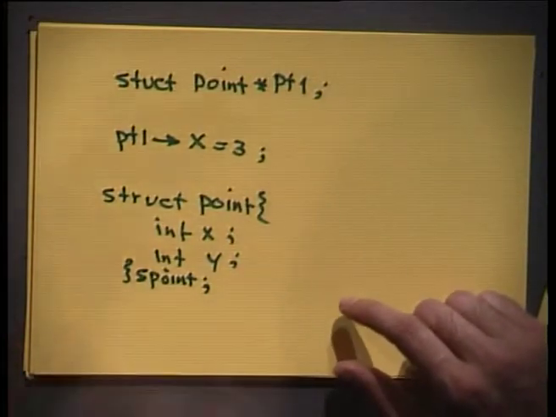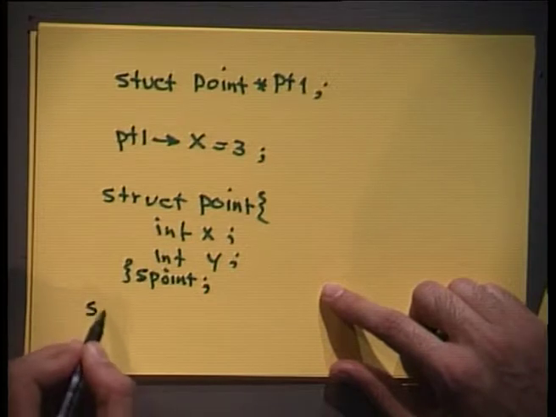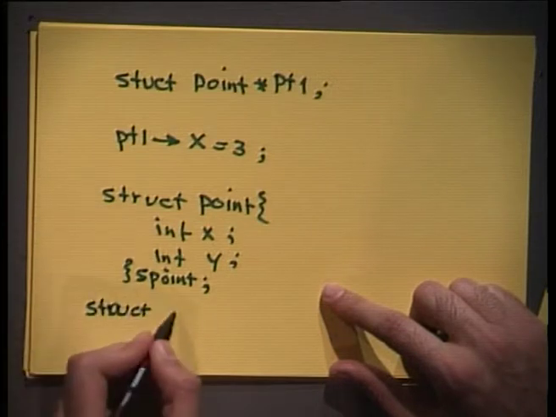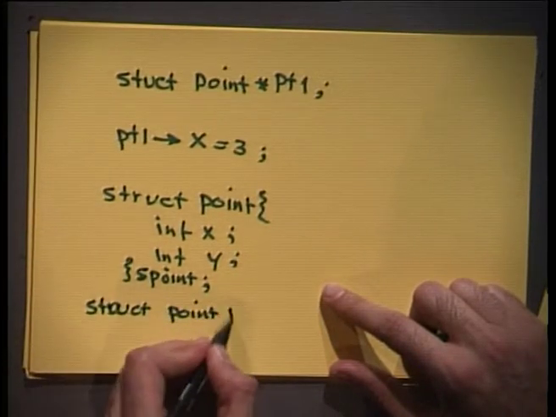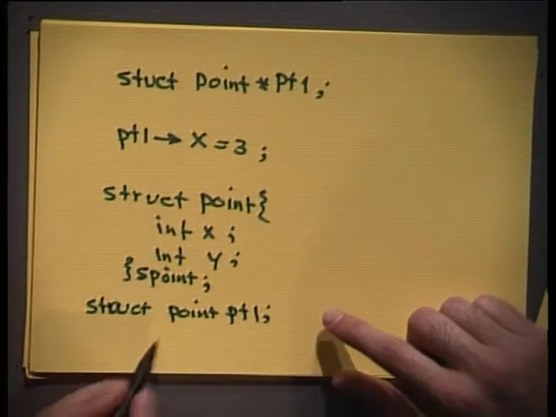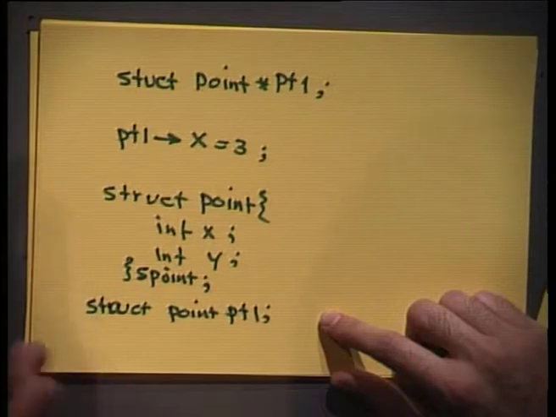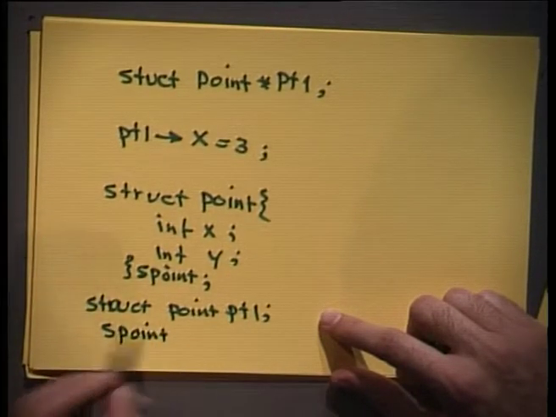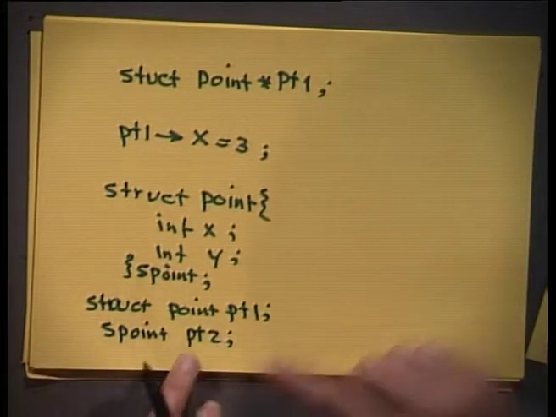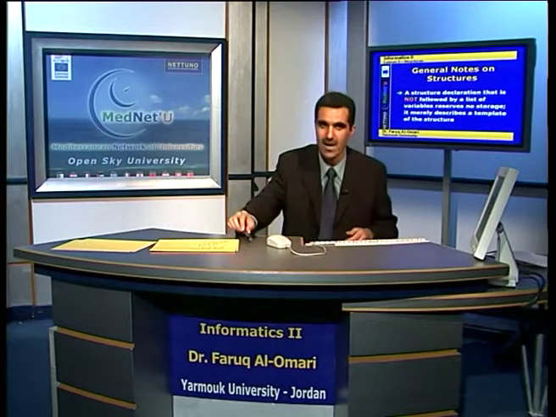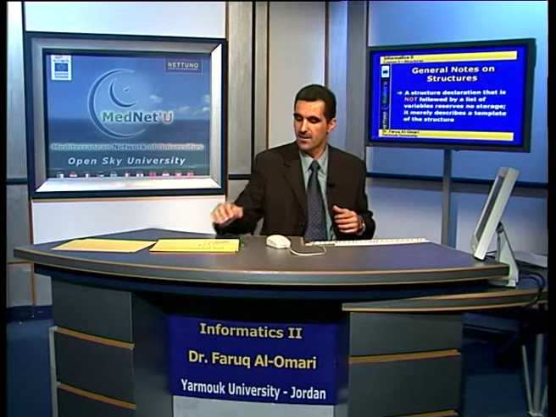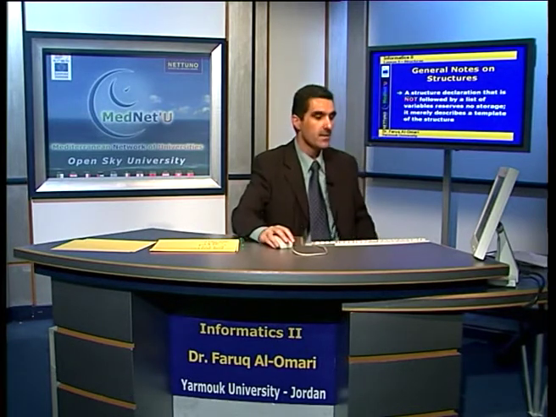When I defined my variables pt1 and pt2, I used to say something like struct point pt1. Okay. Well, instead of keep repeating this word, I can give a logical name to this structure, is point, and I can say directly is point pt2. So pt2 actually is a variable of type struct. Okay, so this is just to make the writing a little compact.